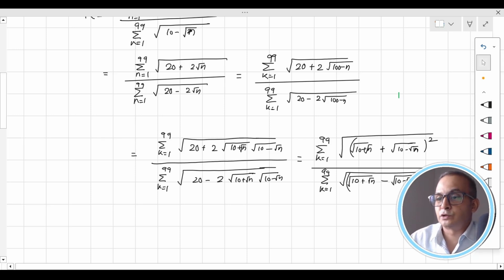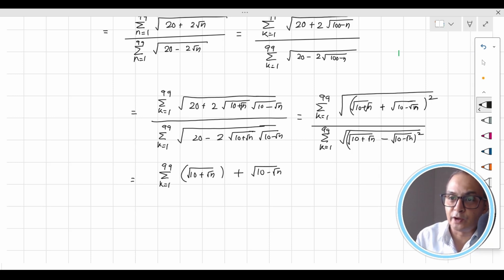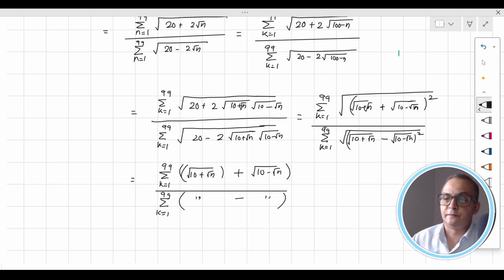So what I'm going to get now is the bigger square root, the outer square root will go away, and I'm getting here the summation k goes from 1 to 99, and this is the square root of 10 plus root n plus the square root of 10 minus root n. In the denominator, the same thing with a minus sign. So I'm not going to write it. Summation k goes from 1 to 99, and here same thing, and here same thing with a minus sign.